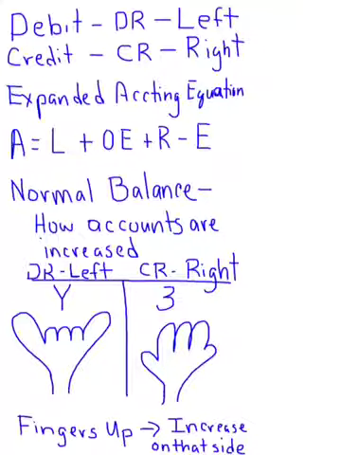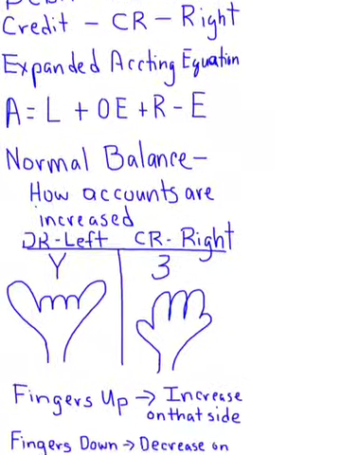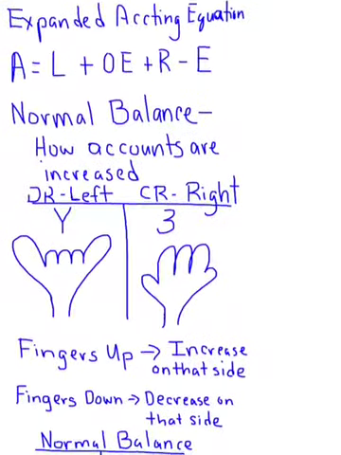Now this is important because if your fingers are up, that will be an increase on that side. If your fingers are down, that is a decrease on that side. And your fingers do correspond with that expanded accounting equation.